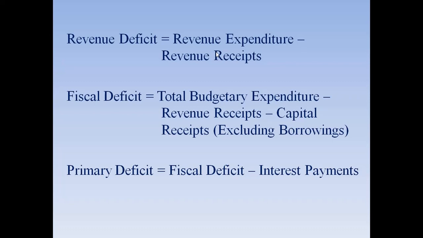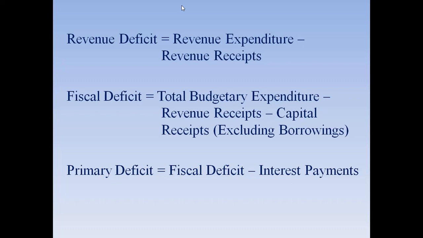What does fiscal deficit signify then? Just like revenue deficit showed that the government's current expenditure is more than the receipts, what does fiscal deficit show? It shows that there is an excess of total expenditure. We are talking about the total part, whereas in revenue deficit we only refer to the revenue concept.